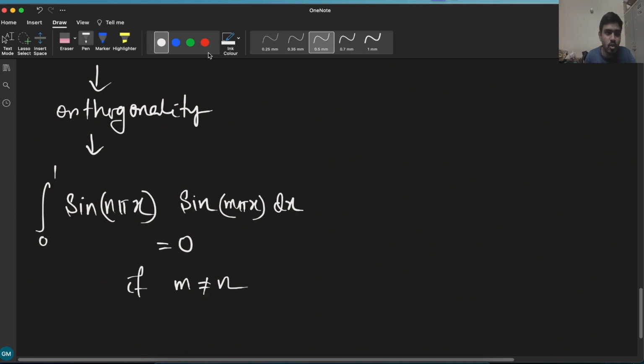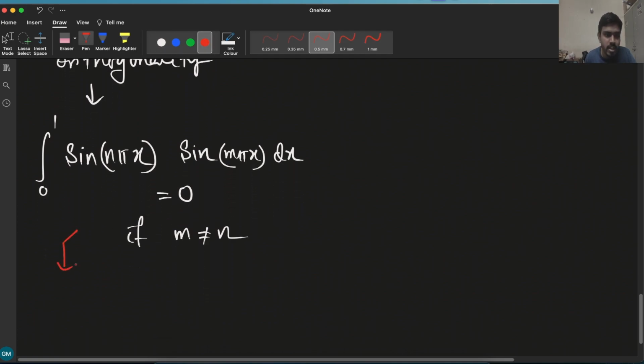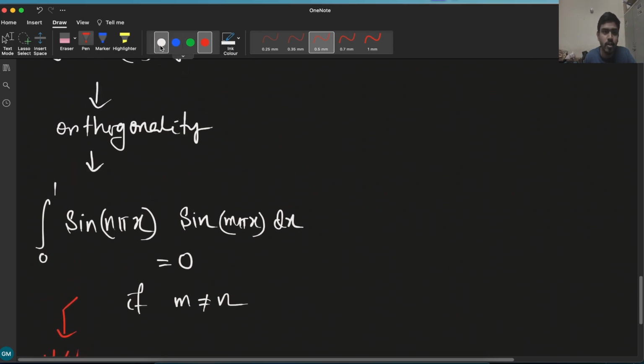So prove this relation as homework. It's a very easy proof.